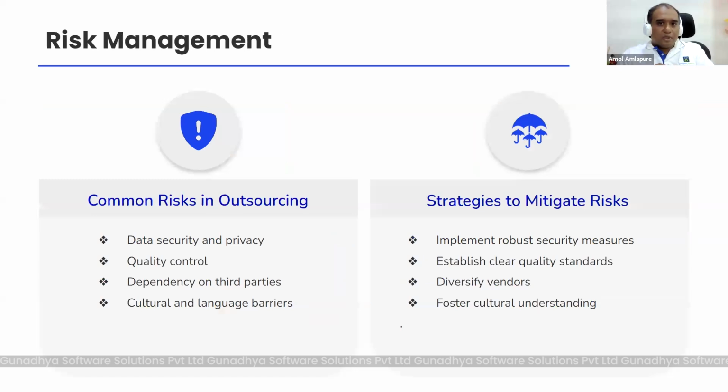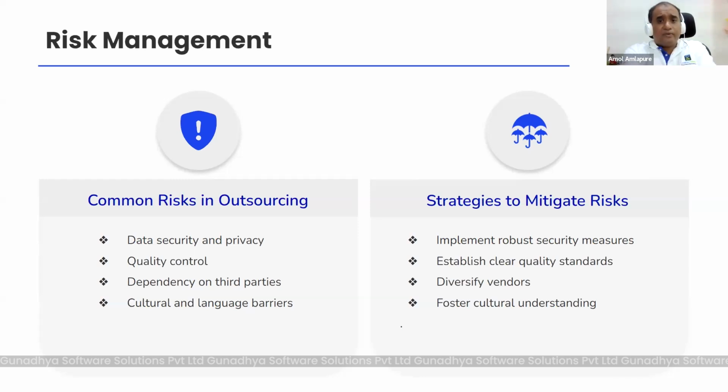Okay, risk management. So while outsourcing offers many benefits, it also comes with a risk. And in this slide, I wanted to discuss some of the common risks and also the mitigation strategies for how to mitigate those risks. So what are the common risks in the outsourcing, right?